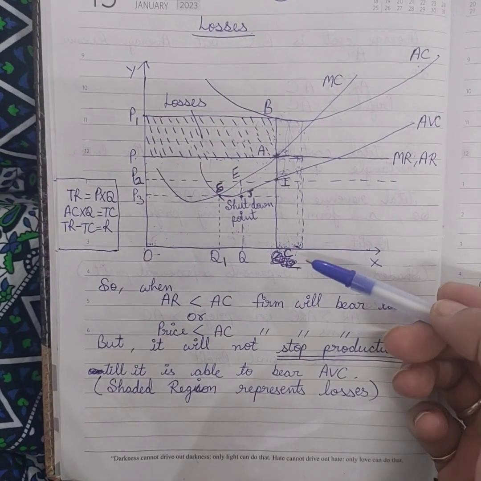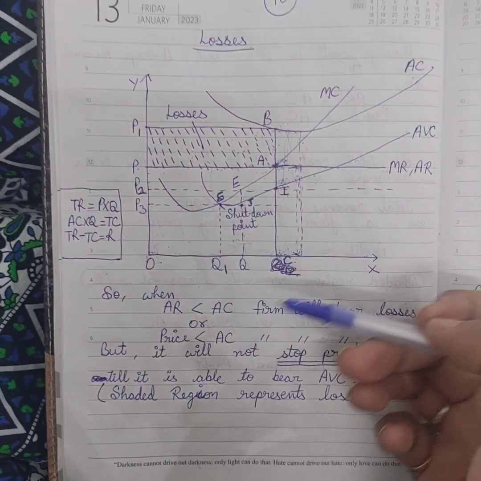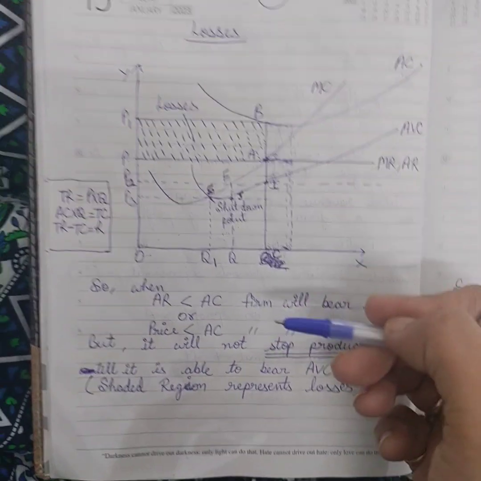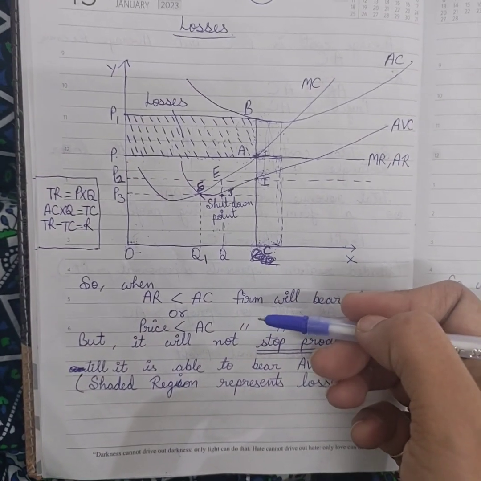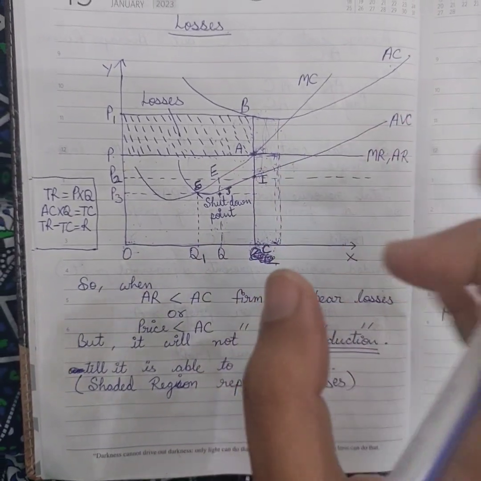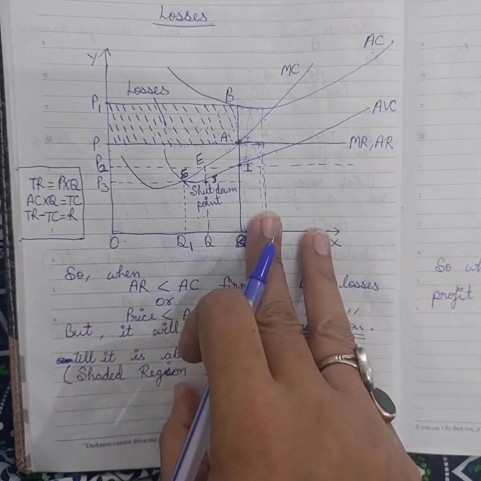If our firm has taken capital, whatever interest has to be paid, it has to be paid by the entrepreneur. So if demand decreases in the market, what will happen?